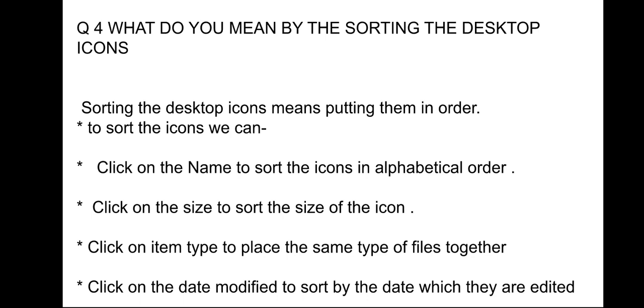We click on the name to sort the icons in alphabetic order, then click on the size to sort by the size of the icon, or we can click on the item type to place the same type of files together, or we can click on modified to sort by the date on which they were edited. So these are the options available, whichever we want we can use.